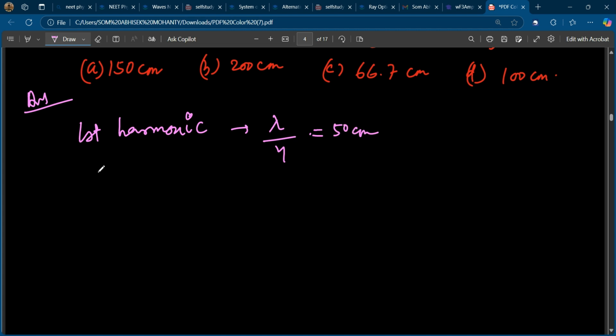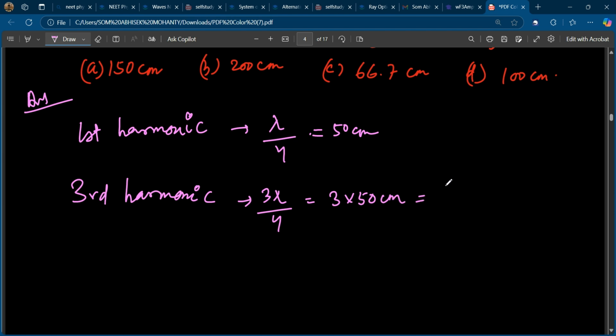Okay, so the third harmonic is obtained. The third harmonic would be 150 centimeter, right? So that will be the answer.